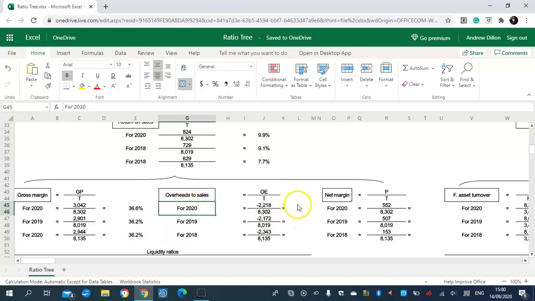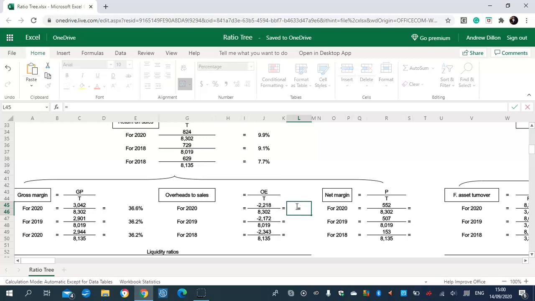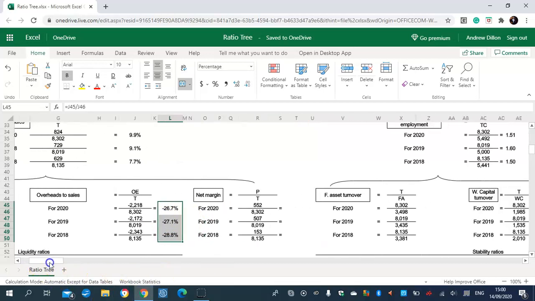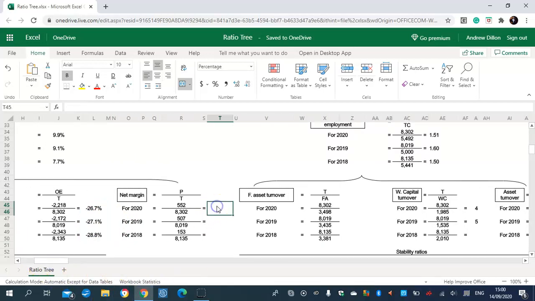Now the next step is the overheads to sales, which is OE. So let's divide those figures. Okay, now we'll go into the net margin, same again.